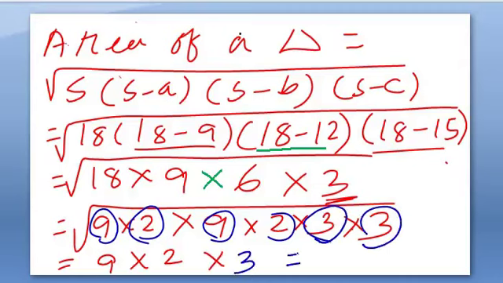We get 9 into 2 into 3 equals 54, so the area is 54 square centimeter. That is the area of the triangle.